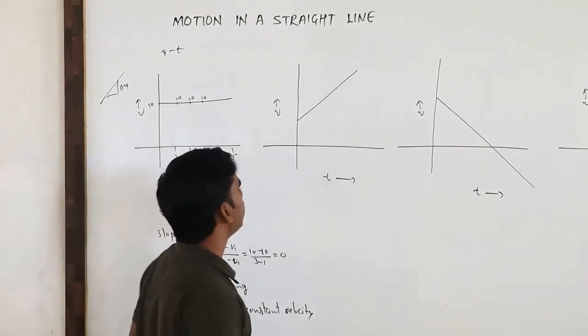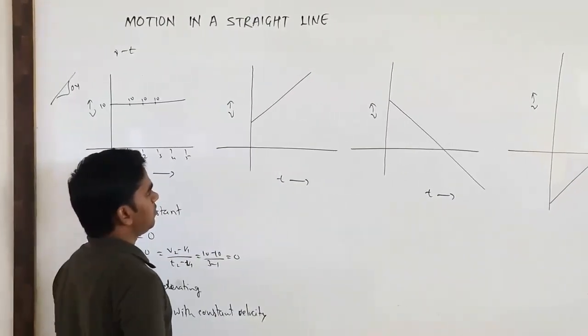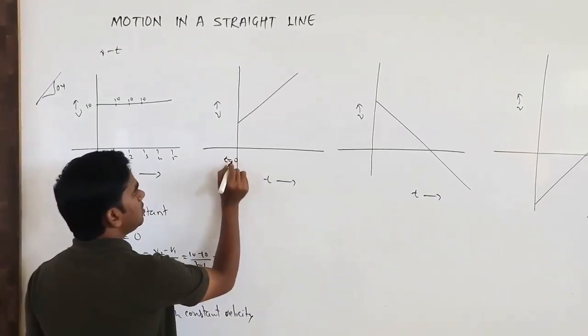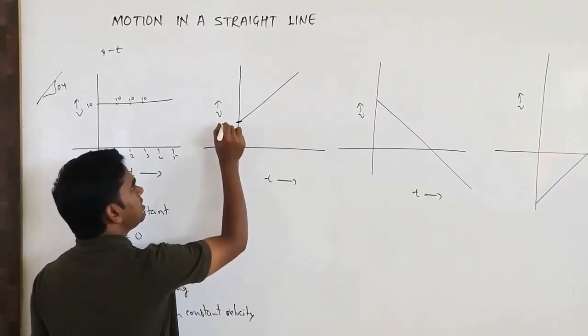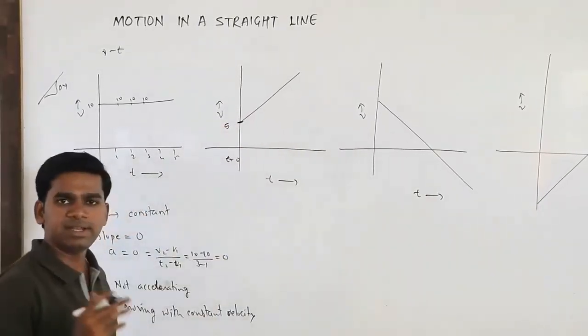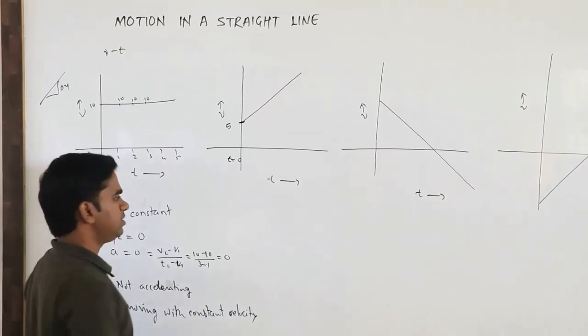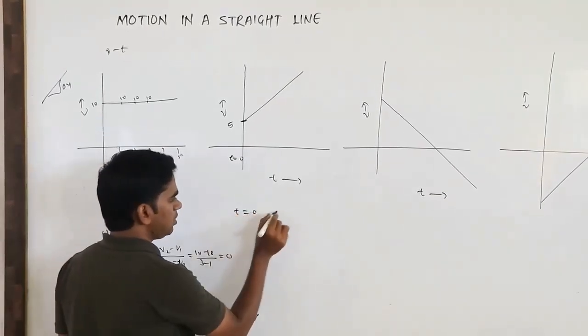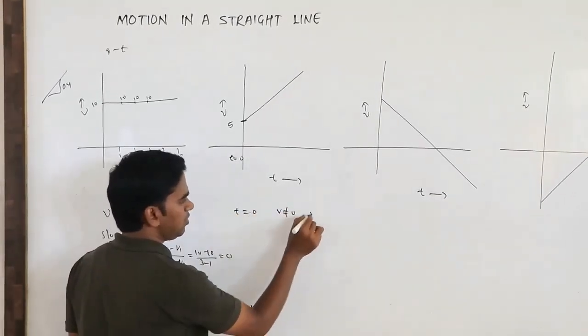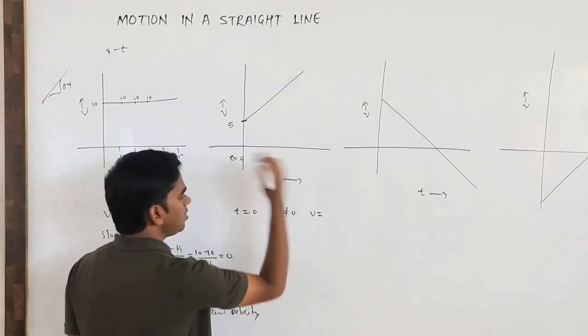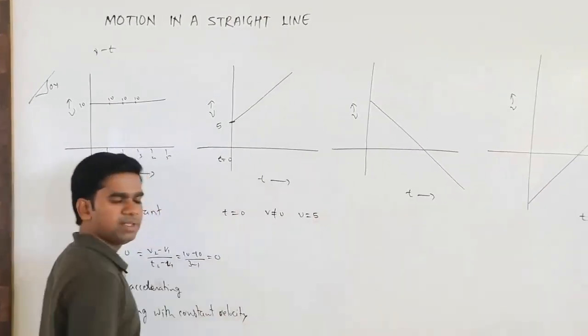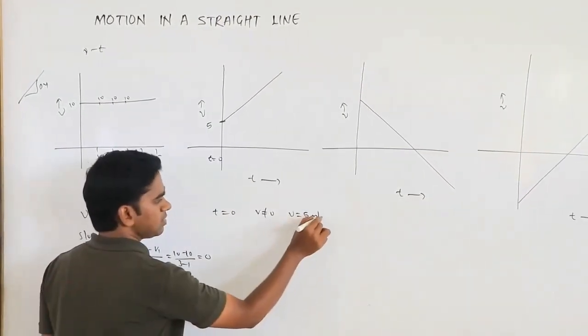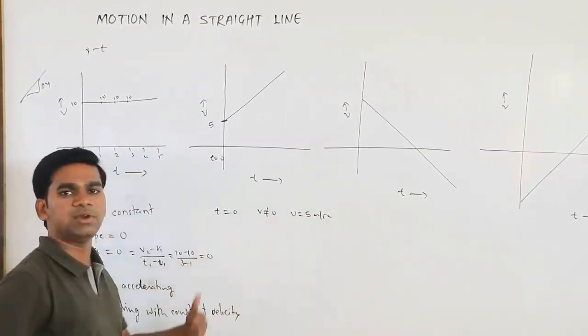Come to the second graph. In the second graph, when t equals 0, it already has some velocity, say 5. That means when t equals 0, v is not equal to 0. It has some velocity, say 5 meters per second, but that doesn't mean you have to take 5 only.